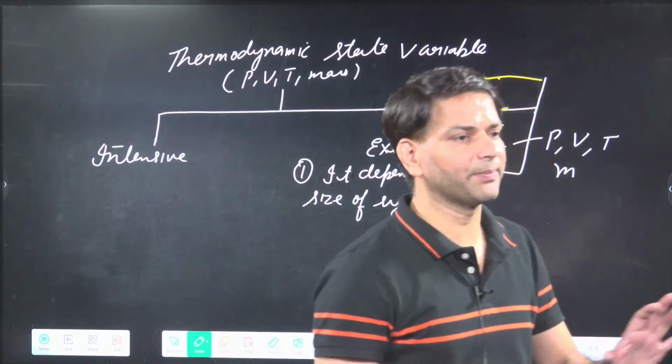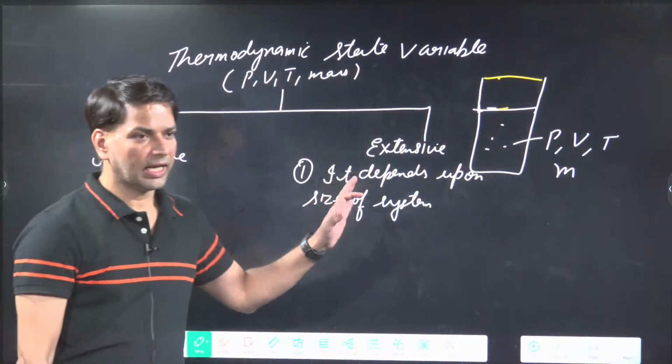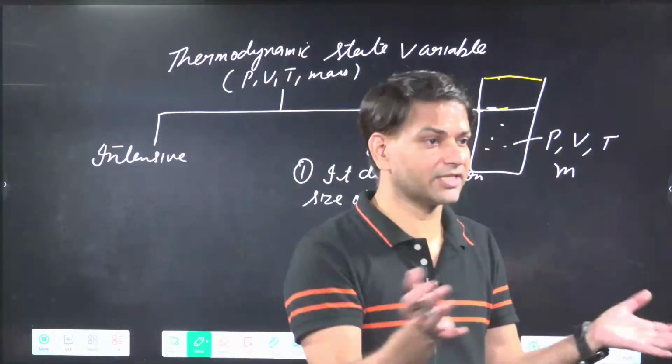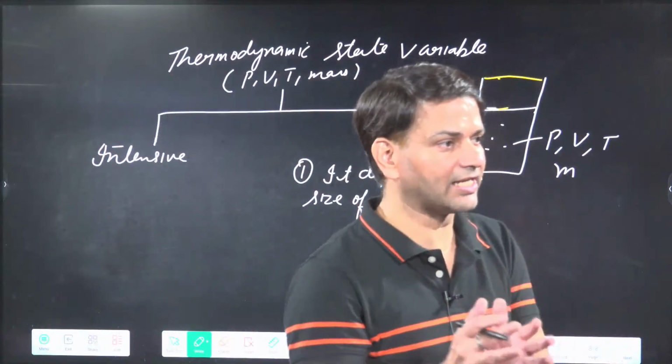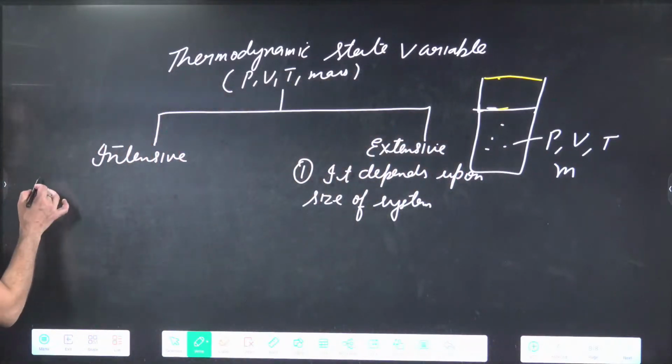Intensive does not depend upon the size of the system. Yes or no? Extensive is from extension, so extensive depends on the size of the system, and intensive does not depend on the size of the system.